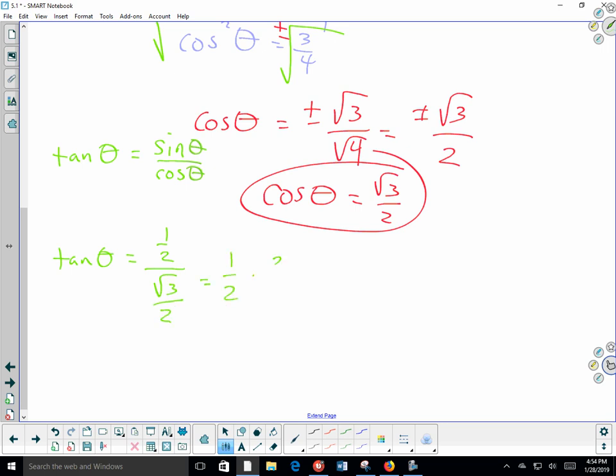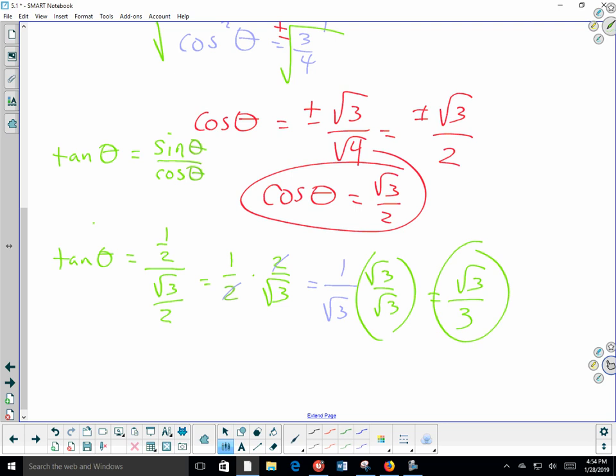Simplifying this, I get 1/2 times 2 over square root of 3. The 2's divide out. I get 1 over square root of 3, and I can multiply this by square root of 3 over square root of 3, and I get square root of 3 over 3 as my answer. So tangent of theta equals square root of 3 over 3.